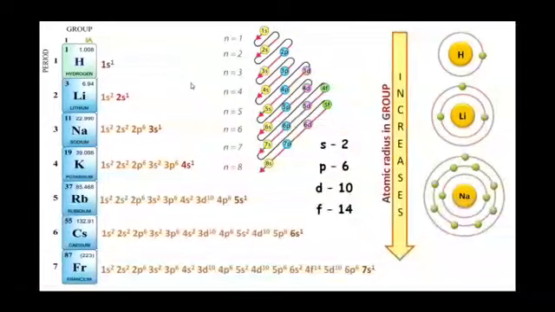So, in the periodic table, when we move from top to bottom, atomic radius increases and the reason is that the number of orbits or shells increases. That's why atomic radius in a group increases.